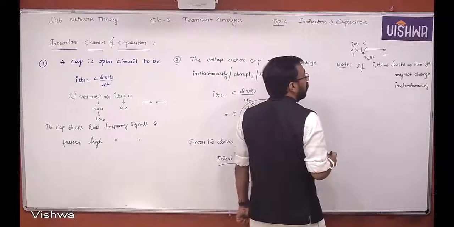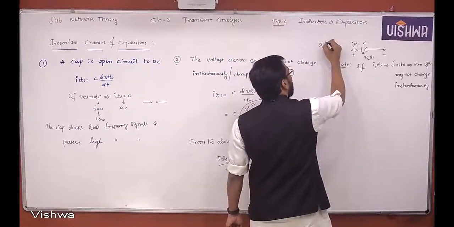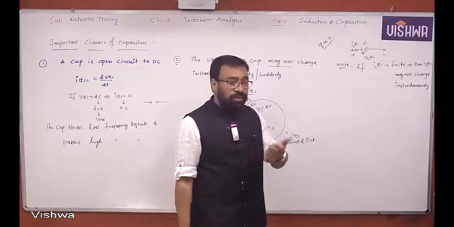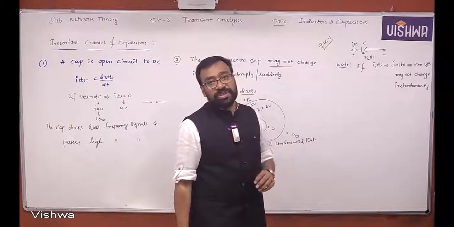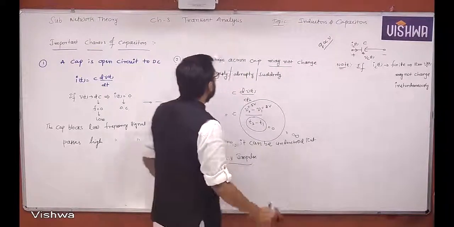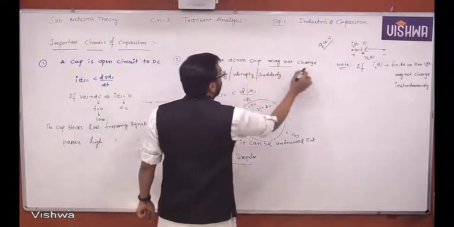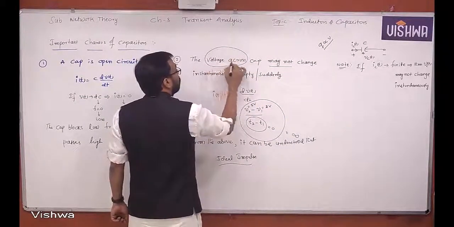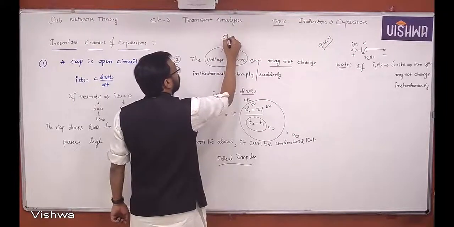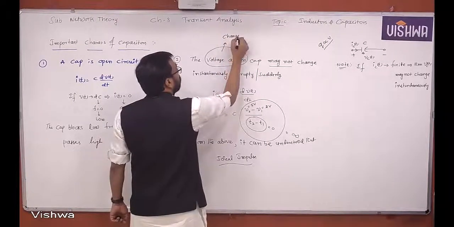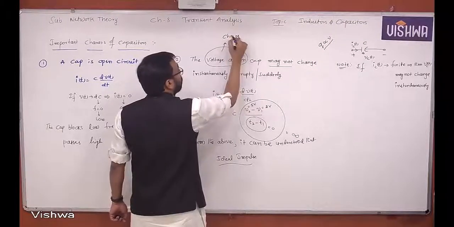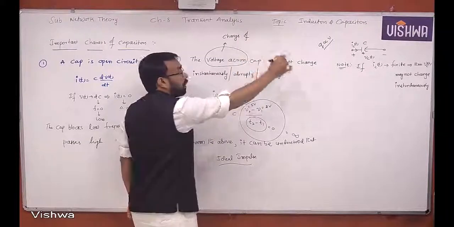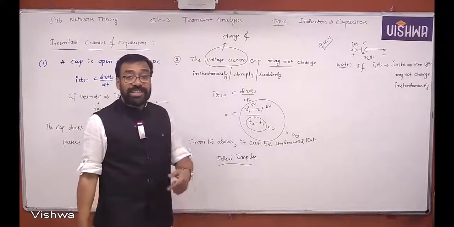You already know that Q is directly proportional to V, yes or no? Now all the statements you use for voltage can also be applied to the charge. So voltage across the capacitor may not change instantaneously. Similarly, the charge of the capacitor may not change instantaneously.